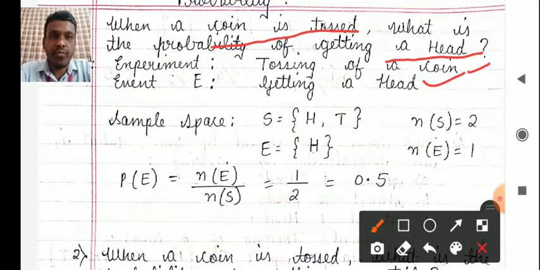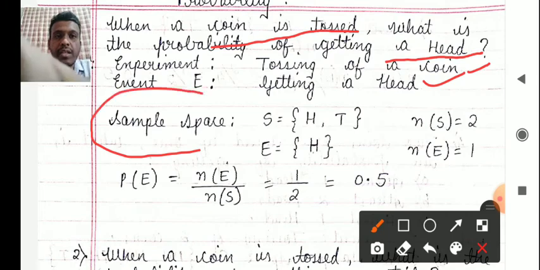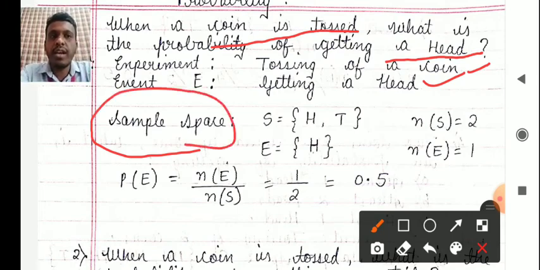In this case, what is the probability of getting a head, they have asked. So your event is getting a head. Now what will be your sample space? Sample space by definition is the set containing all the possible outcomes of an experiment. So in this case, your sample space S is equal to {H, T}, where H stands for head and T stands for tail.